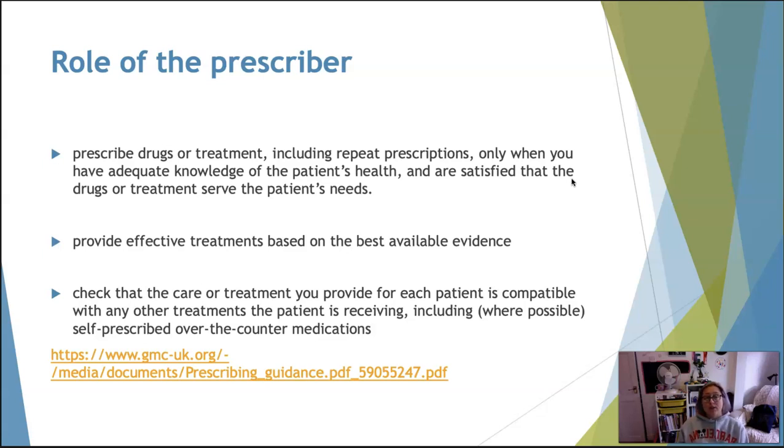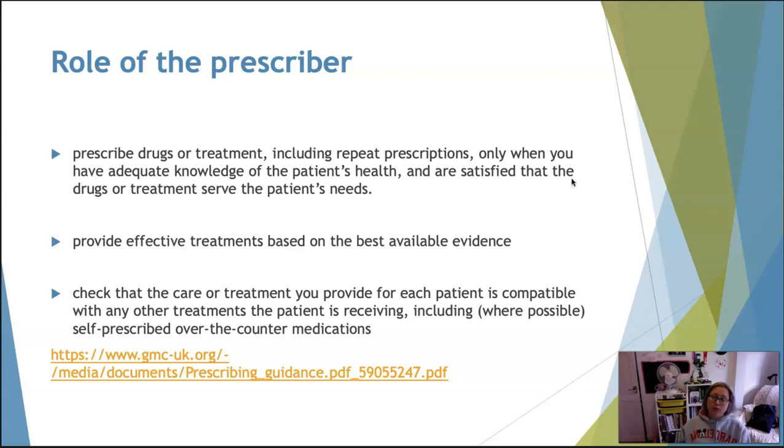But it might also be something as simple as making the patient aware that something like grapefruit or grapefruit juice might actually have an impact upon medications that they're taking, and again cause issues with the pharmacokinetics and the metabolism of the medications that they've now been prescribed.